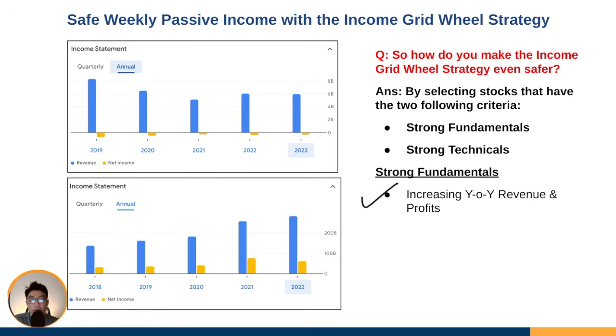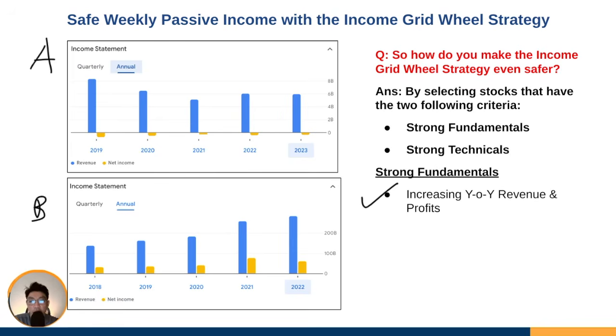So if you're invested in a stock, or you choose a stock that's actually not making money, then it's going to reflect in the share price as well, because there's not going to be that much confidence compared to a company that has profits, right? Increasing revenue and increasing profits. So when you take a look at these two companies' income statements down here, you have the first company above and the one below, right?